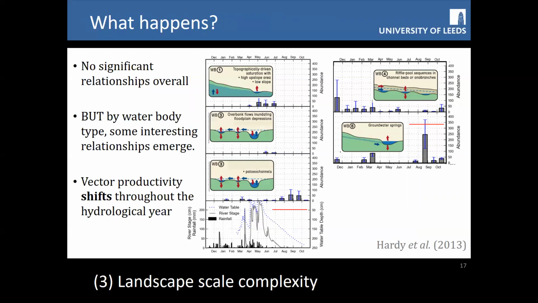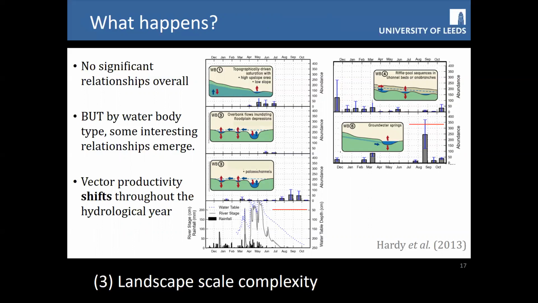And then just briefly, what we found was that there were no significant relationships between larval counts and either rainfall in black at the bottom, or river level in grey, or the water table depth in the blue dashes. But when you break it down into those different water body types, you start to see some interesting relationships emerging.